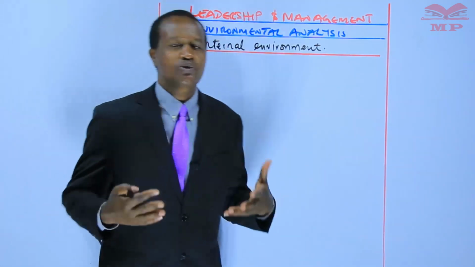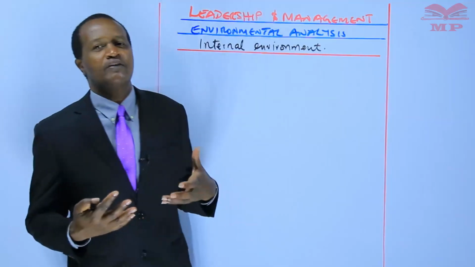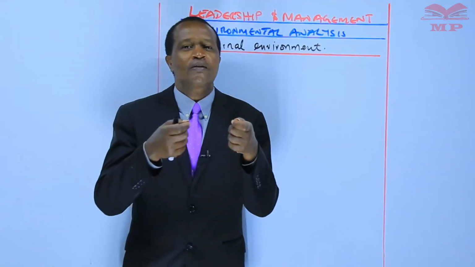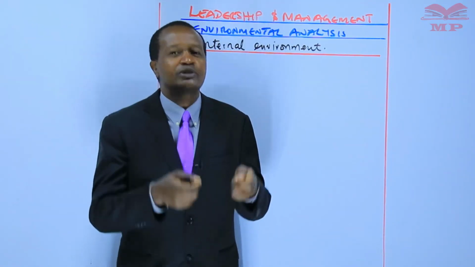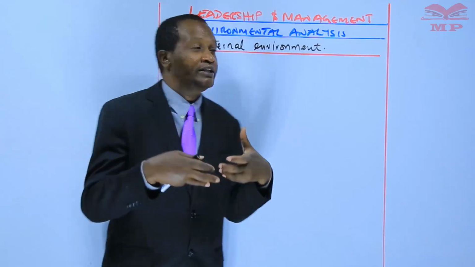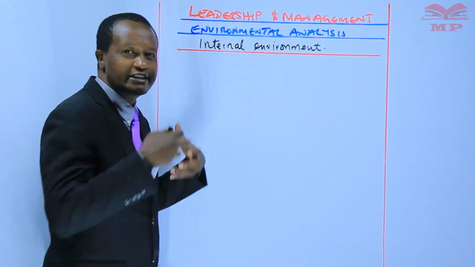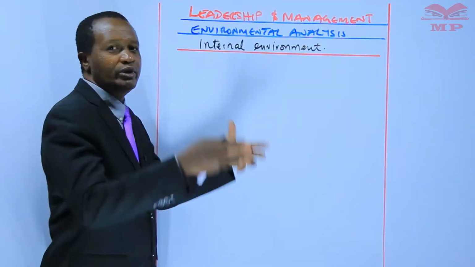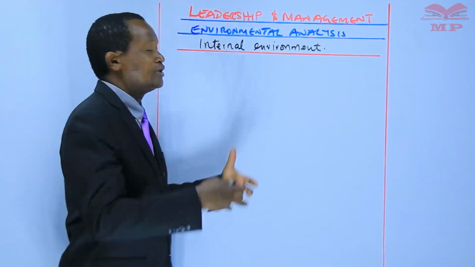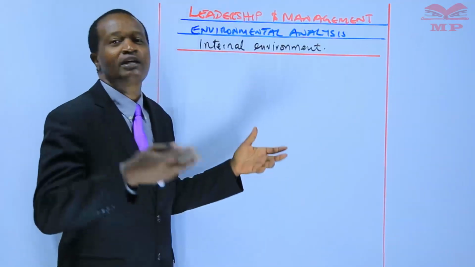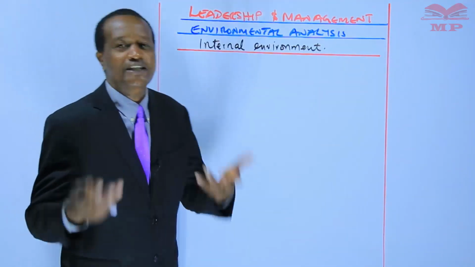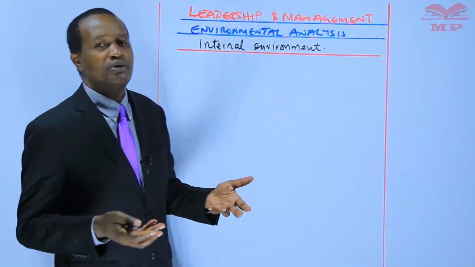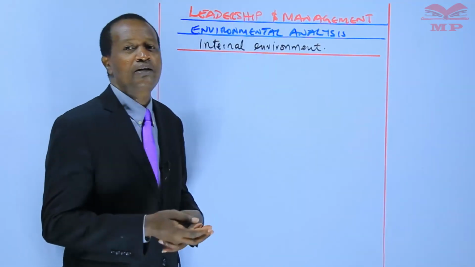Candidates, an organization's internal environment is composed of the elements within the organization. Internal, inside. The elements within the organization, including employees, management, corporate culture, which defines employees' behavior, and so on.